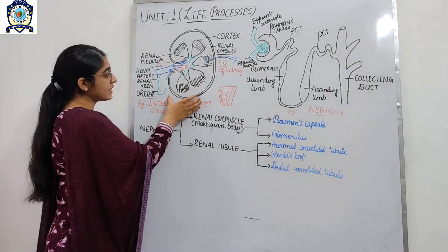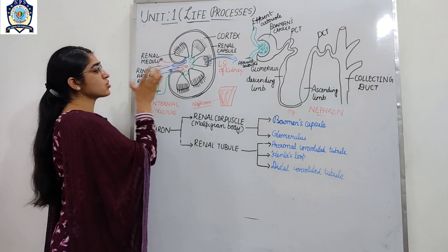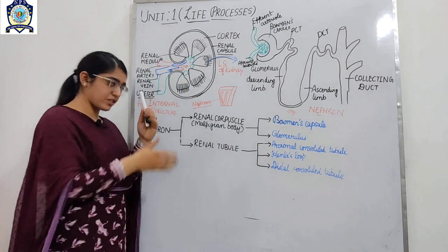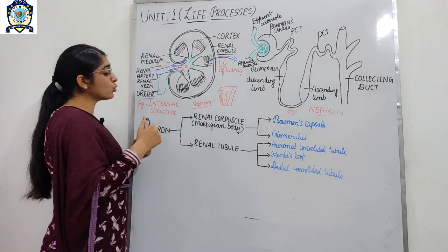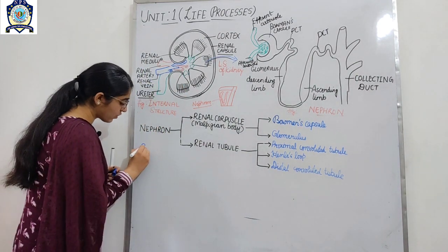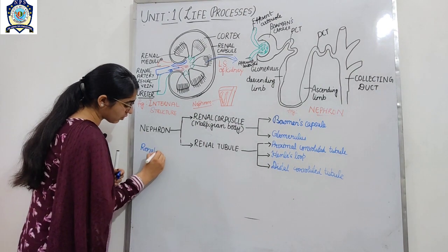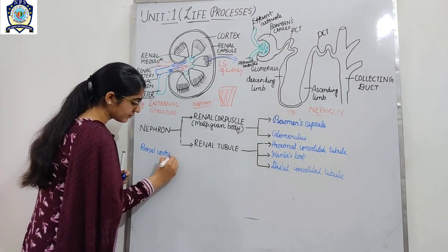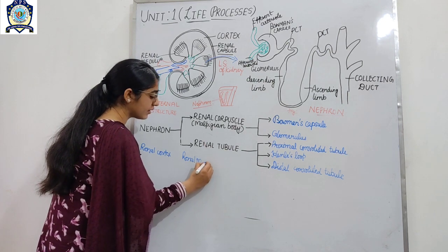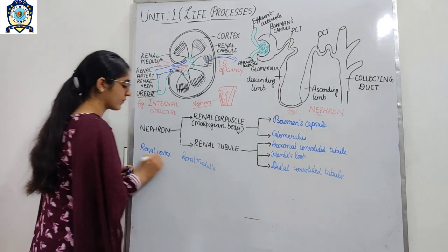And when we see the lateral section of the kidney, the lengthwise section, we observe two parts of the kidney. And what are these two parts? One is the renal cortex, and one is the renal medulla.